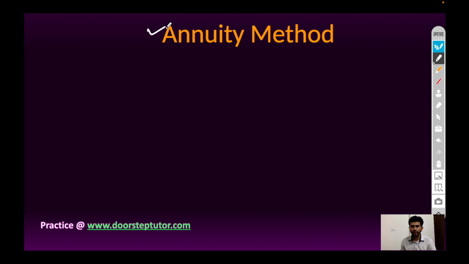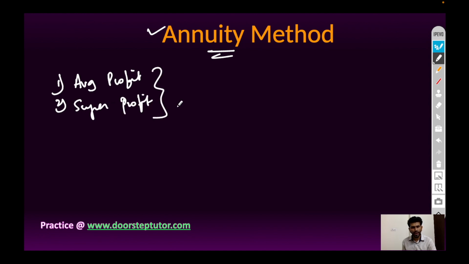Now annuity method. We have discussed the average profit method and super profit method. In both cases, they have not considered time value of money.